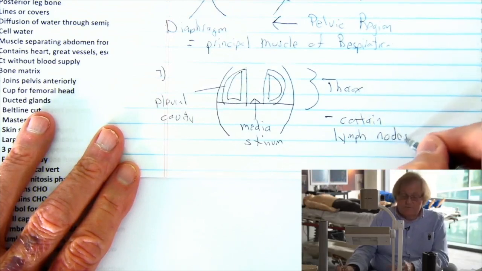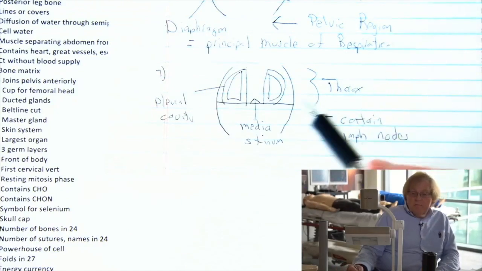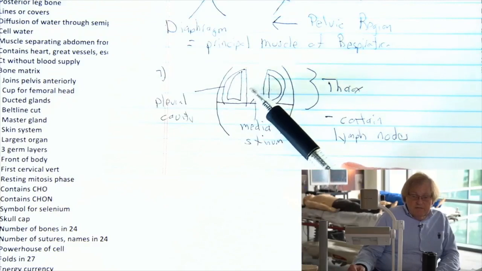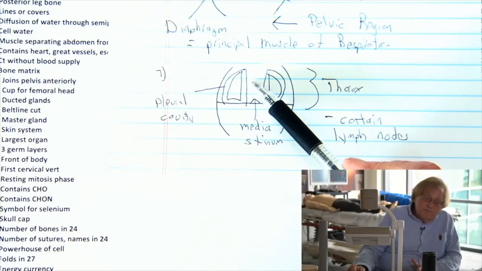And again, answering why it's significant to know that: I've got my heart, my great vessels, and these lymph nodes sitting inside this region. You may look at a chest film someday, and somebody told you the heart is always shifted to the left. Then you notice the heart is shifted over to the right.